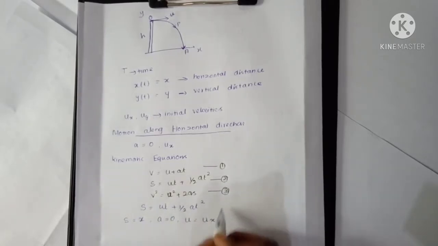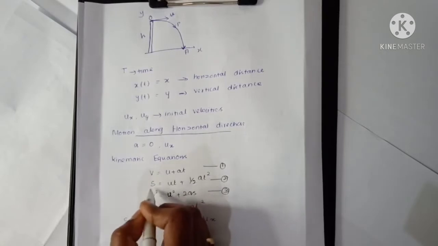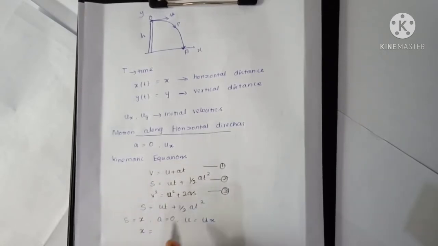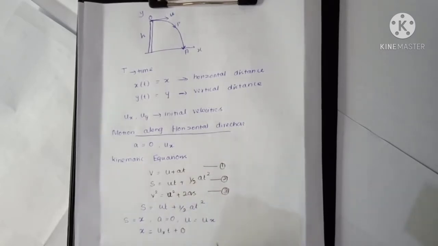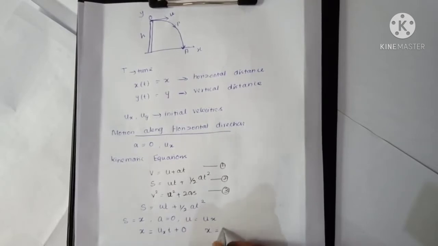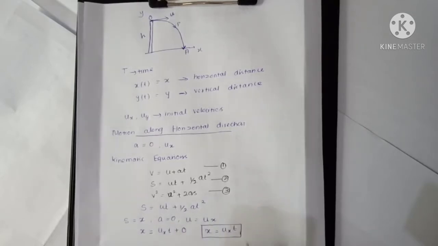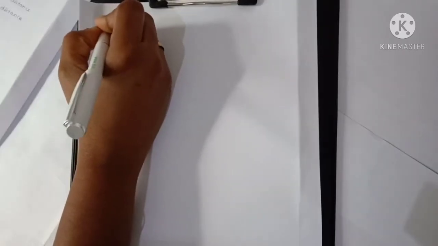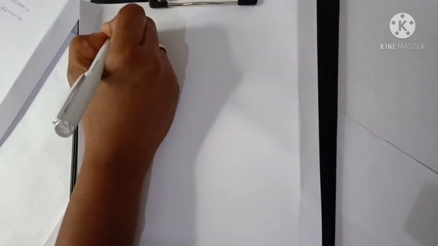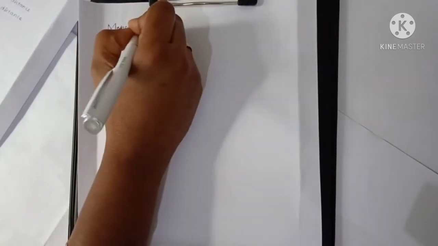Substituting these values in equation 2, we get s equal to x equal to uxt plus 1 by 2 times 0, so this term becomes 0. So x is equal to uxt. This is the motion along the horizontal direction, or along the x-axis. This is the first equation. Next, motion along the downward or vertical direction.